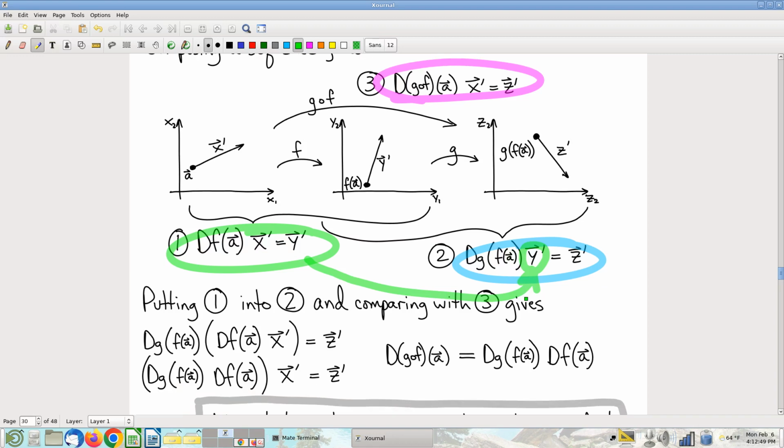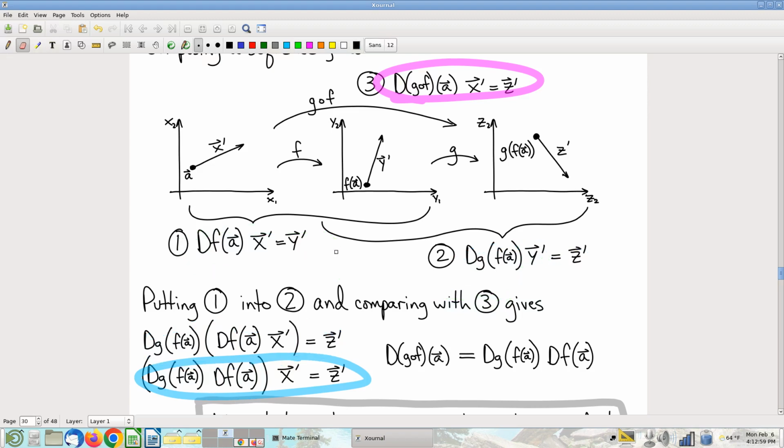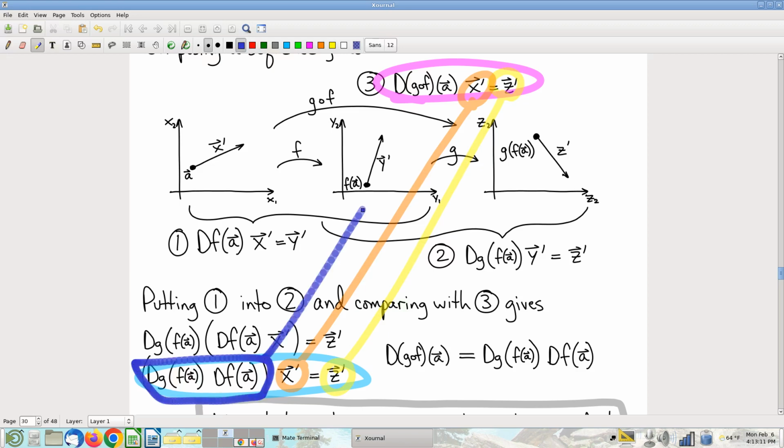Whoops. The blue equation then turns into this, aka this. That's just plugging in. And now if I compare these two equations, again, z prime is something multiplied by x prime, and so these two somethings must be equal.